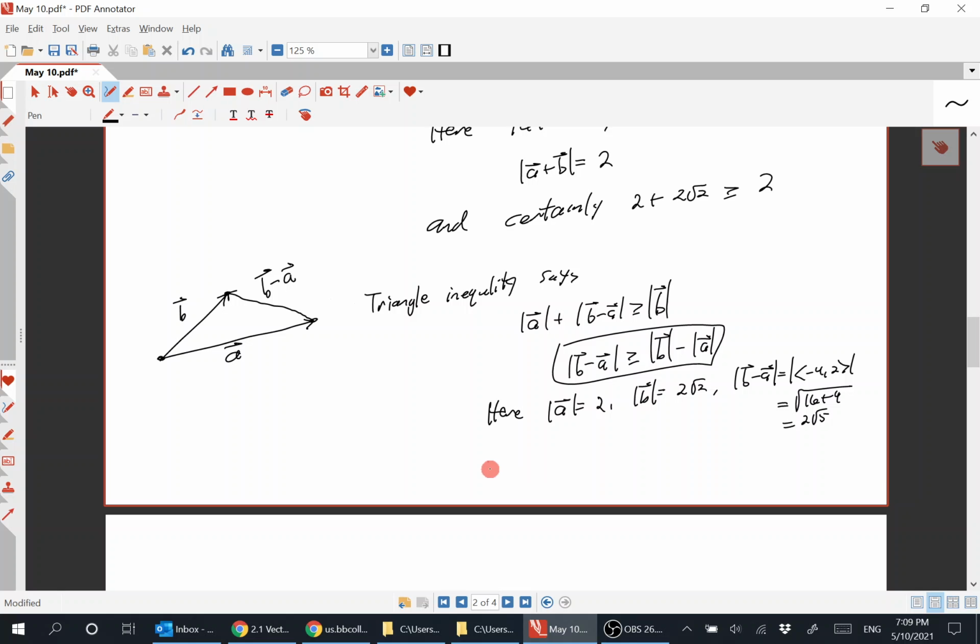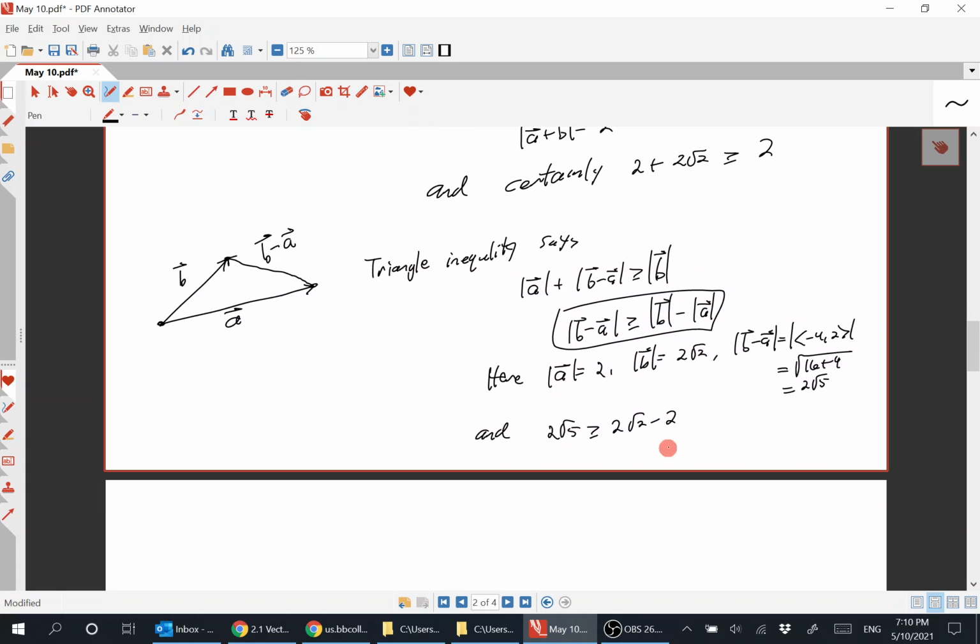So 2 square root 5 is bigger than the length of B minus 2, right? Because 2 square root 5 is bigger than 2 times square root 2 minus 1 if you factor out the 2, and these guys cancel.